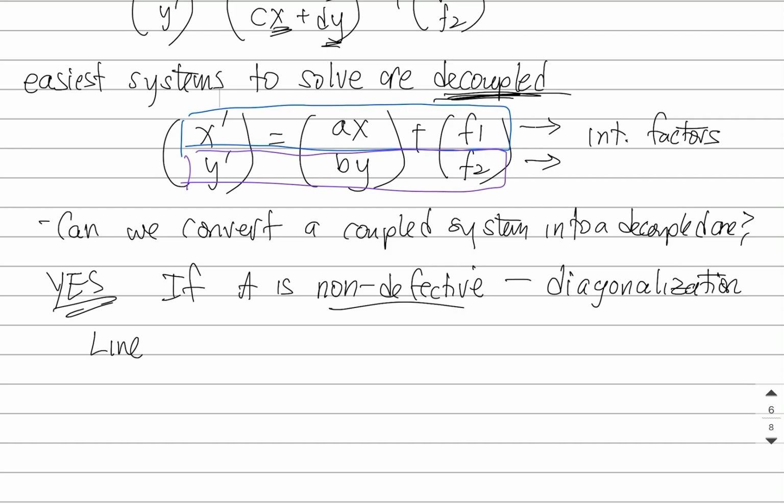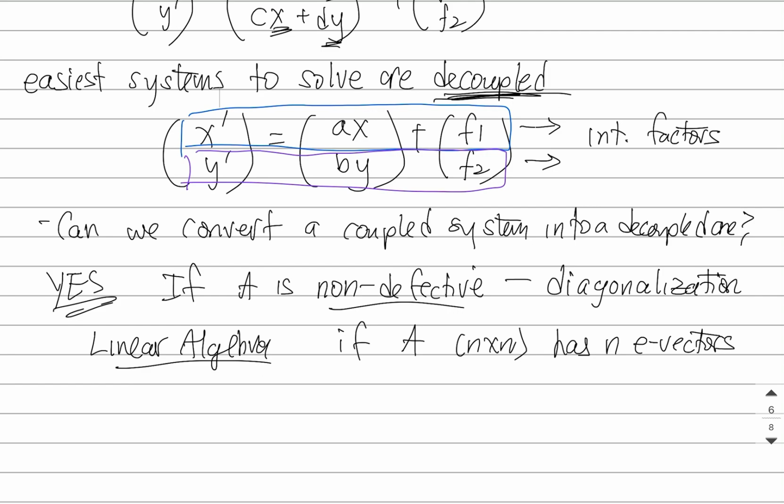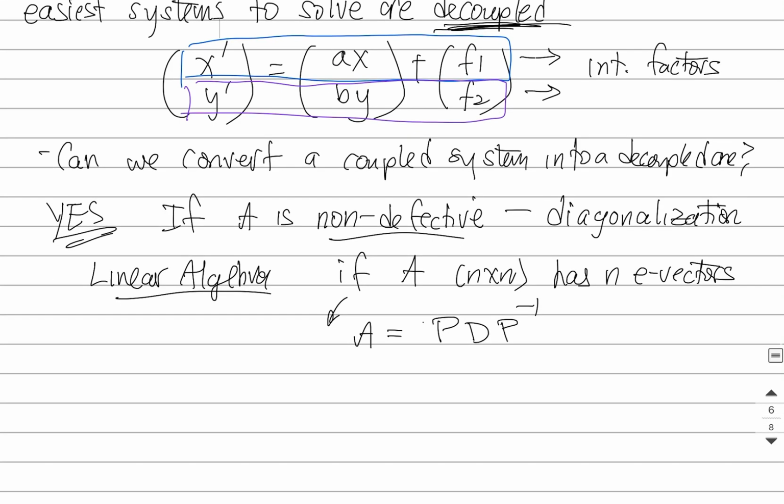So from linear algebra, you may or may not remember that if your matrix n by n has n eigenvectors, so if it has a basis of eigenvectors, then you can write a matrix factorization. You can write your matrix kind of like this: P, D, P inverse, where P and D are the following.